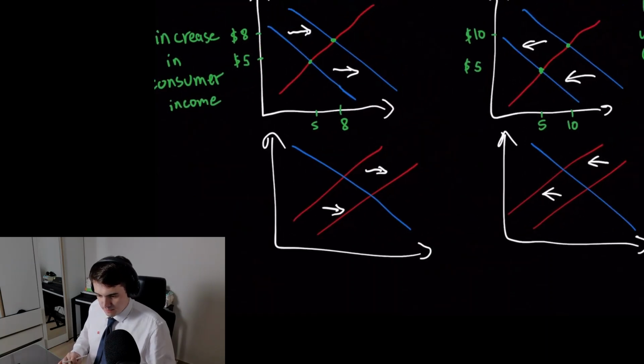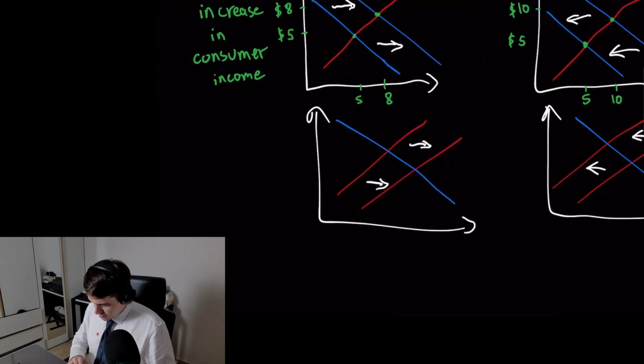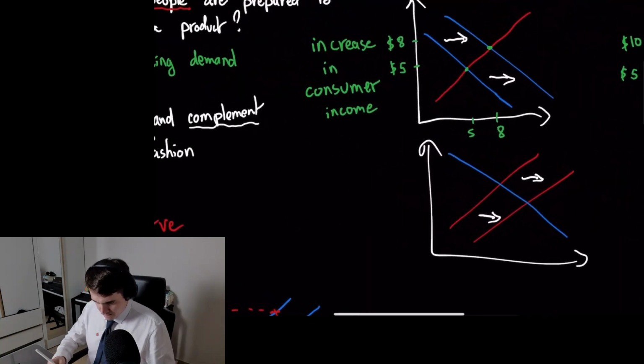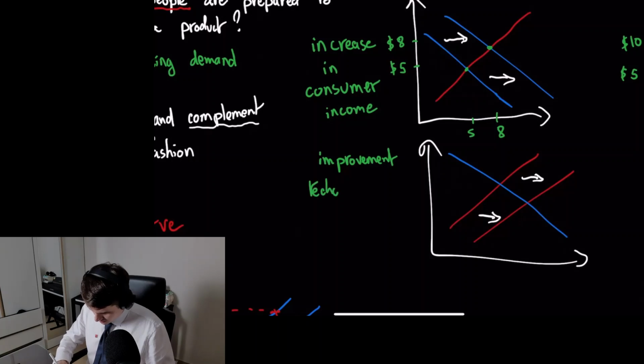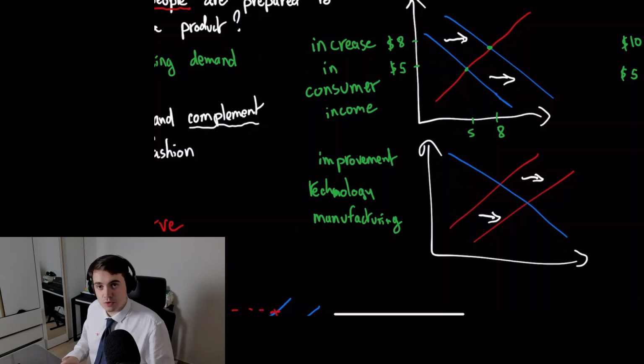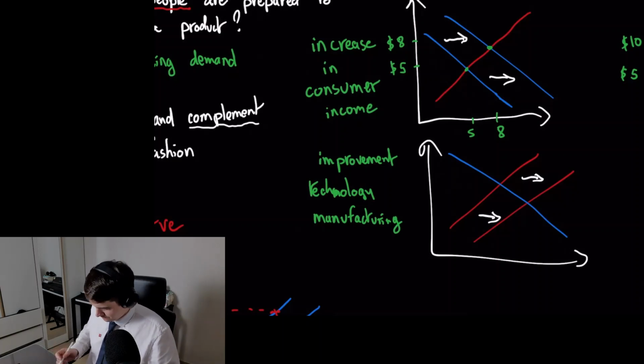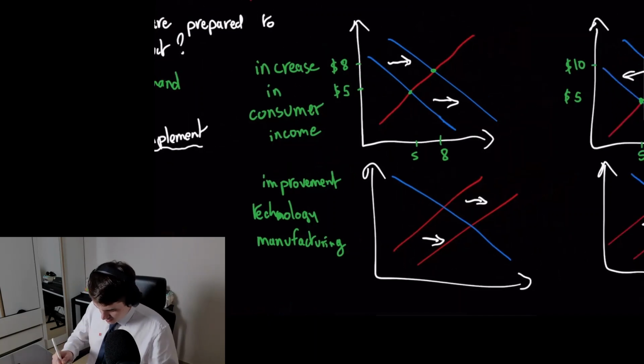Okay, next one. This is the improvement in technology, technology manufacturing. So it is now easier and cheaper to produce something like chocolate. What happens?